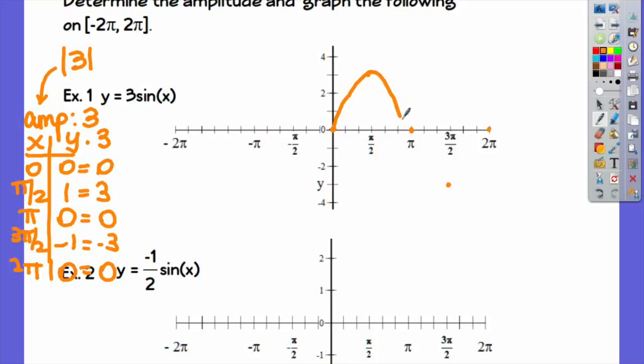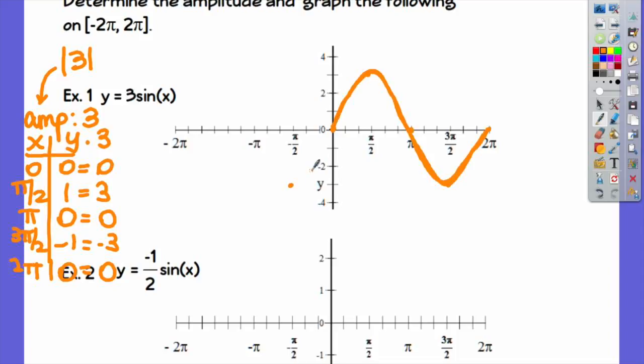Is everybody still with me? Smooth curve, connect. Now I gotta go to negative 2 pi. So I'm gonna pick the next nice value, which is negative pi over 2. What do you think is gonna be the point that goes with negative pi over 2? Negative 3.